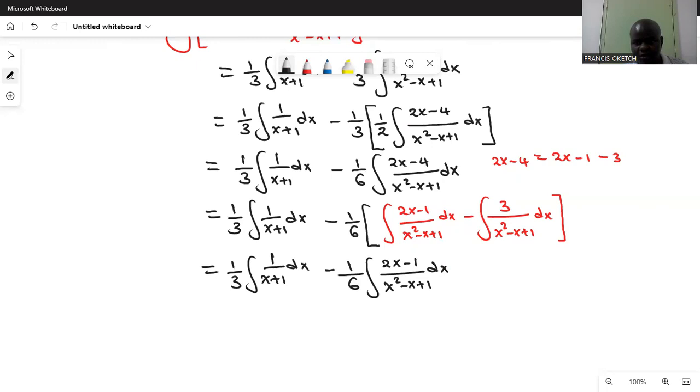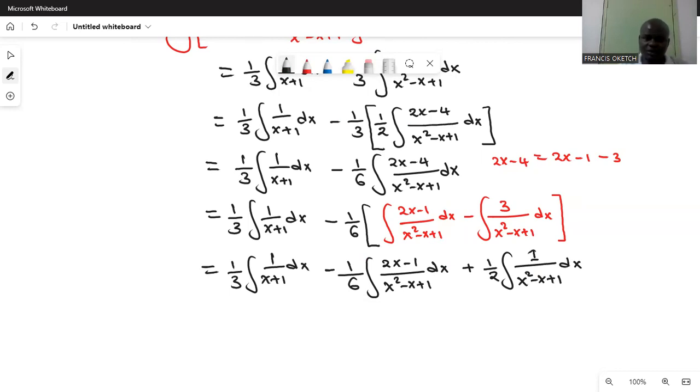This 3 is a constant which can be factored out, so it will be 1 over 6 times 3, which is 1 over 2. And it is a plus because there's a minus and another minus. So that will be plus 3 over 6, which is the same as 1 over 2 times the integral of 1 over x squared minus x plus 1 dx.